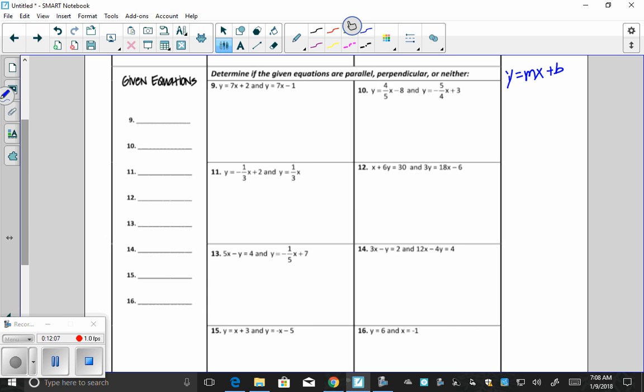If I look at number 9, both of my equations are set up in y equals mx plus b. So the slope of this equation is 7, and the slope of this equation is 7. So they are the same, therefore they are parallel.